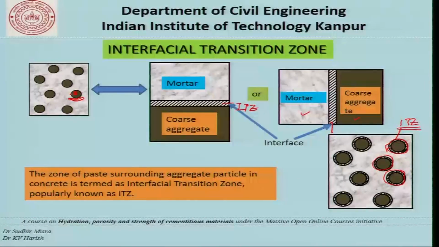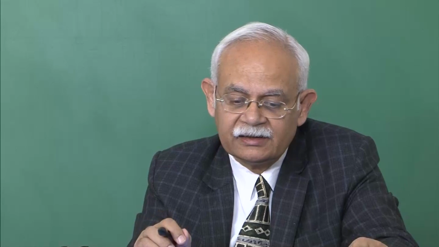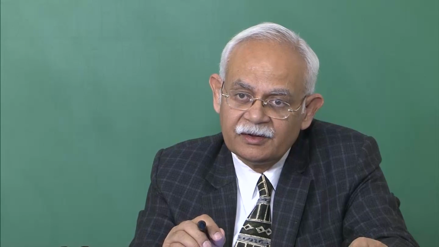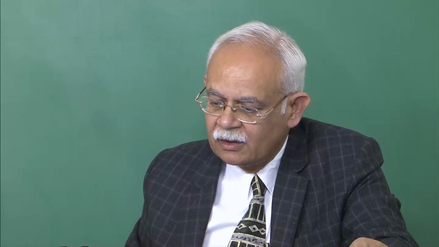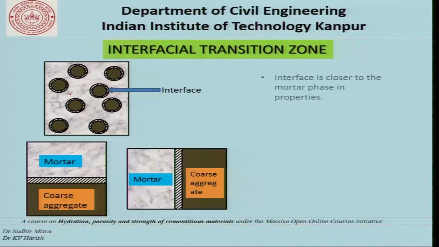As a result of that, effectively, the water cement ratio in the ITZ is slightly higher than that of the main body of the mortar. Effectively, once again, the interface is closer to the mortar phase in properties.